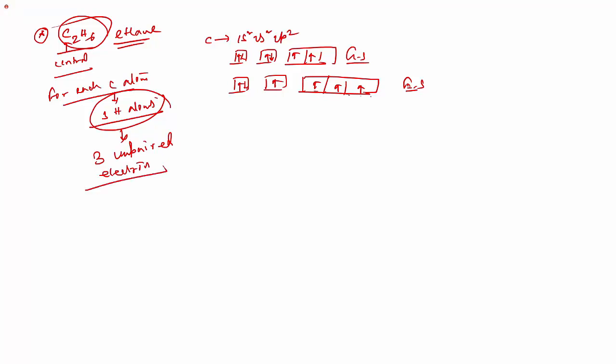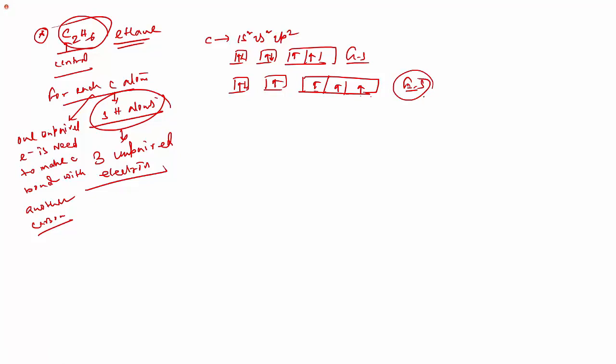So 3 unpaired electrons are present, but one more unpaired electron is needed to make a bond with the other carbon. Okay, so that's why the excited state electronic configuration will take part in the bond formation here.